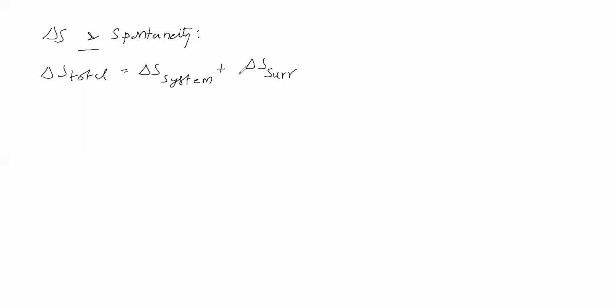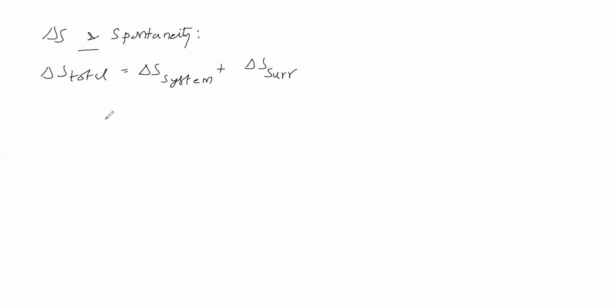The second law considers both the system and surrounding delta S values, takes the sum of the two as delta S total, and gives the criterion for spontaneity with the help of delta S total.